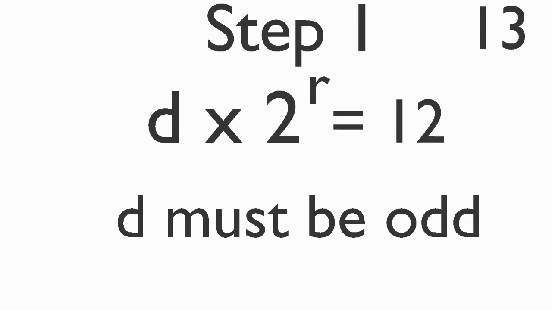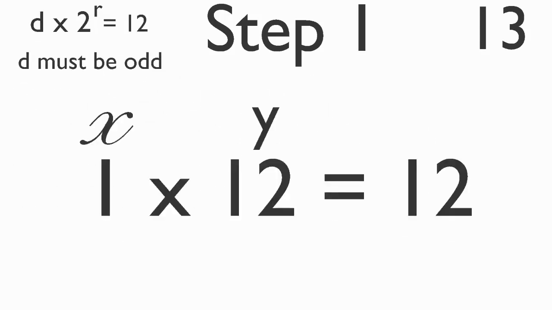So we begin with an easy trick. Here's the trick. If someone asks you, give me x and y so that x times y equals 12, you could just simply say that x is 1 and y is 12, so 1 times 12 is clearly 12. Simple. 1 times any other number is that same number.